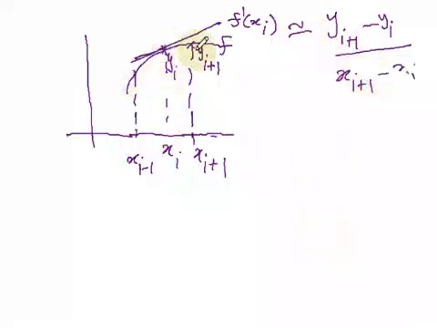Or you can give another approximation. If you draw the secant line, joining these 2 points, I joined them using this yellow solid line. So this is an approximation to this. You can see that there is a fair amount of error.